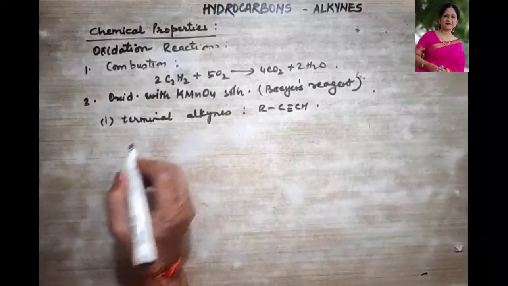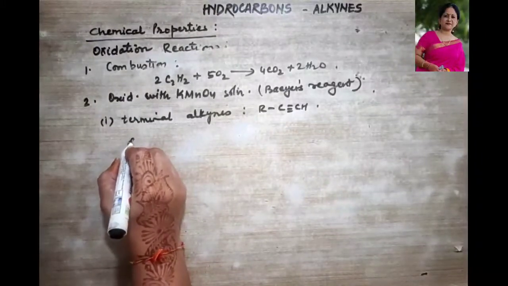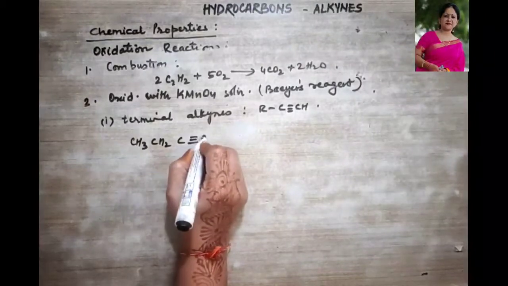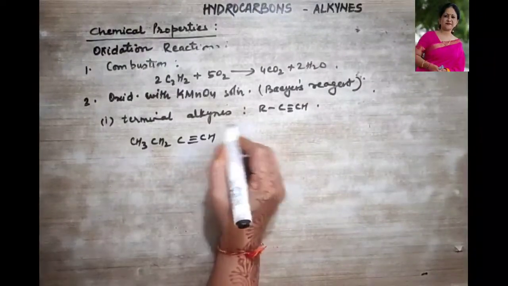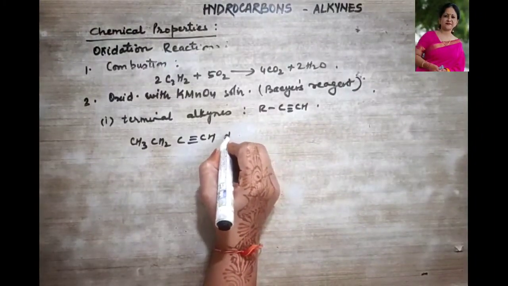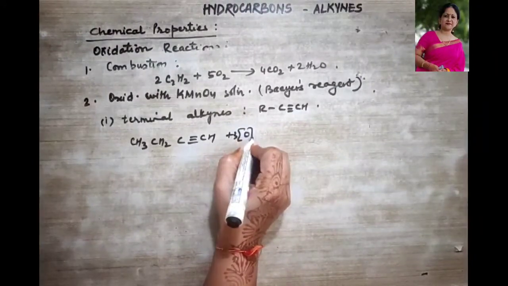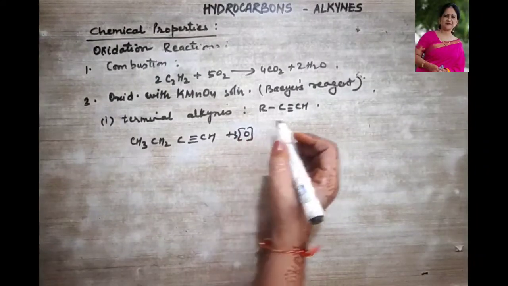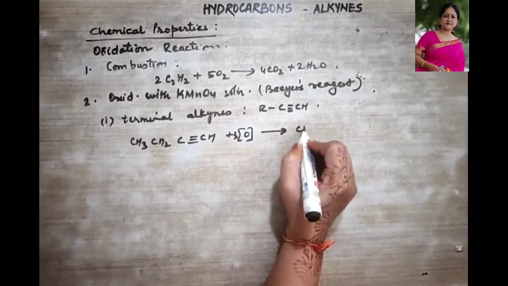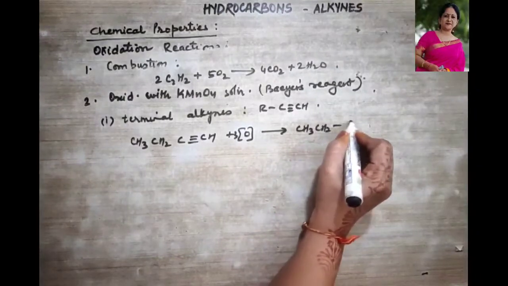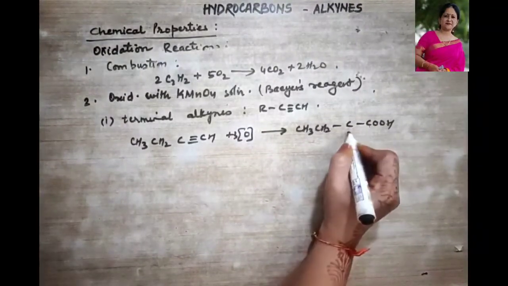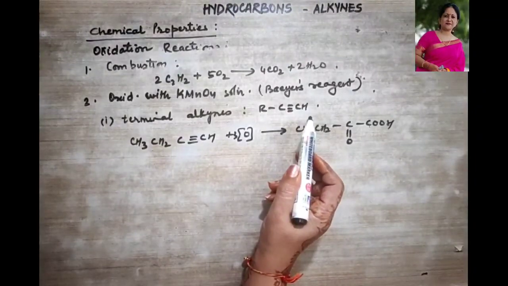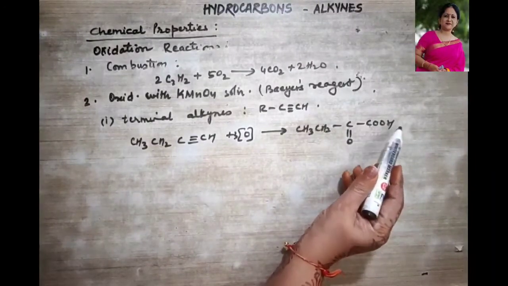For example, let's take but-1-yne: CH3, CH2, C triple bond CH. When we oxidize it in the presence of neutral or alkaline KMnO4, it is going to form CH3, CH2, C, COOH, double bond O. What did I say? That this CH is going to get converted to COOH.